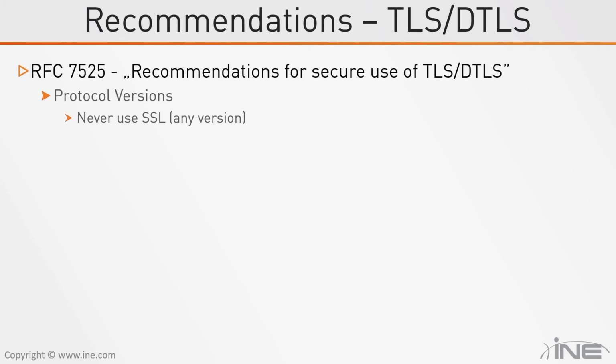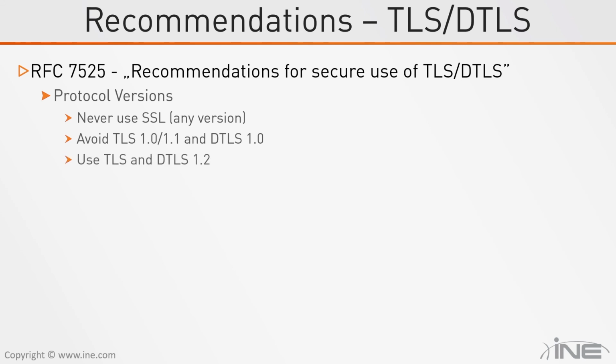And now the reason why they say we should try to avoid TLS version 1.0 and 1.1 is that those newest functions like AES in the GCM mode are not supported by those protocols.